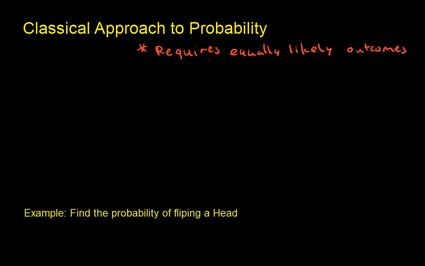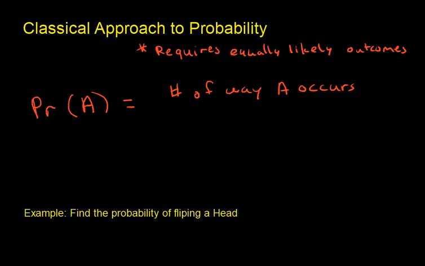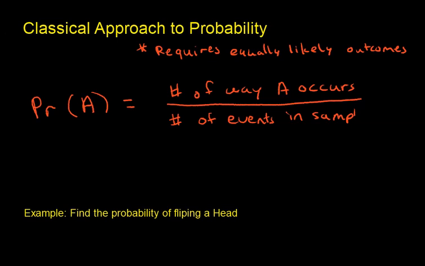All right, so let's see. What this approach says is that if you want to calculate the probability of an event A, then what you do is you can look into the sample space. You can see the number of ways A occurs, and then divide that by the number of events in the sample space.